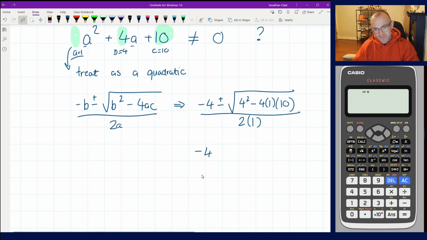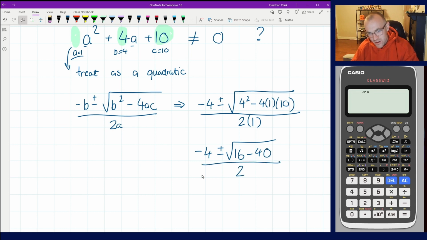Wonderful. I'm not even going to use the calculator, guys. That's how confident I'm feeling with this question. Okay, so what's going to happen here is our square root of 16 take away 40 is going to give us a negative result.